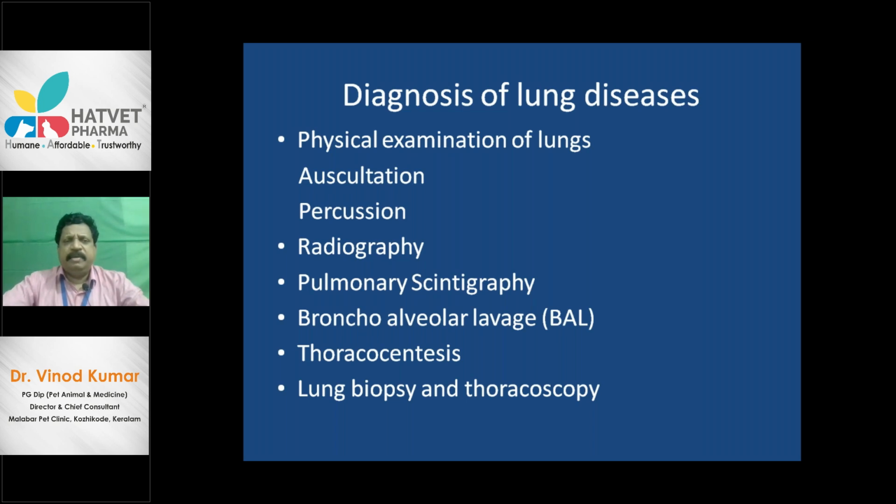The Wim Silverman needle, with which you take the biopsy of the liver, can be introduced into the lungs through the intercostal space, and you can take out a true cut biopsy, send it for histopathology, and see what it is. But the chance of pneumothorax is more, because you are piercing the lung. The chance is there. Thoracoscopy, of course, is inaccessible to us.